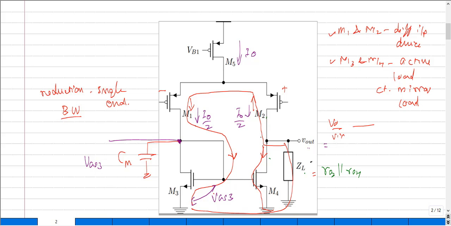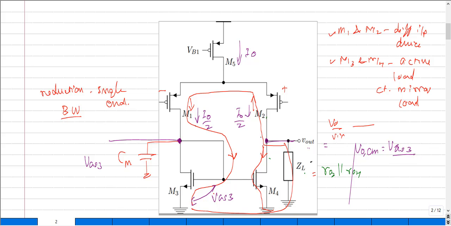Through contradiction, we have already proved that whatever DC potential we have here would be the same as that across the output node. So in turn, the common mode voltage, VOCM, that we have across this node is basically given by VGS3, and this value is fixed the moment the current flows here.